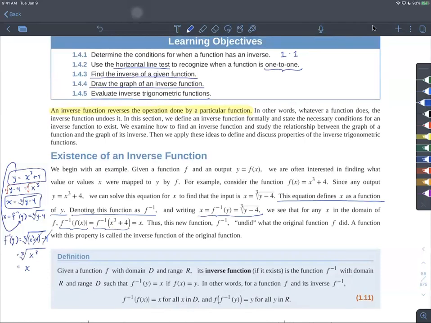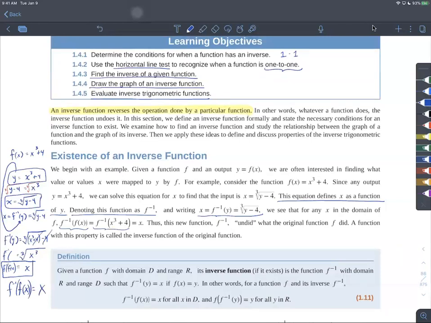So when f inverse was applied, we really could write this y as f of x. y equals x cubed plus 4 we can write as f of x equals x cubed plus 4. So when f inverse was applied to f of x, the result was just x, right? Here we applied f to some value x, and then we applied f inverse to that function value, and we get x.